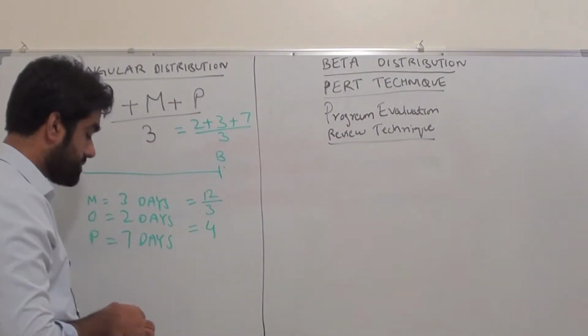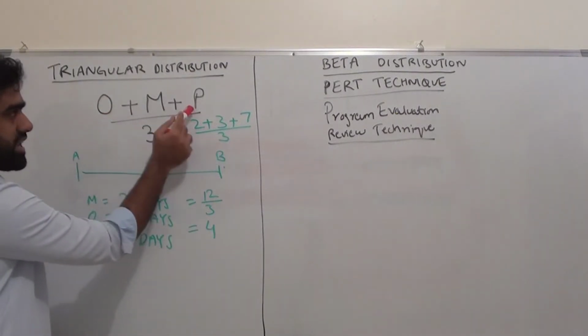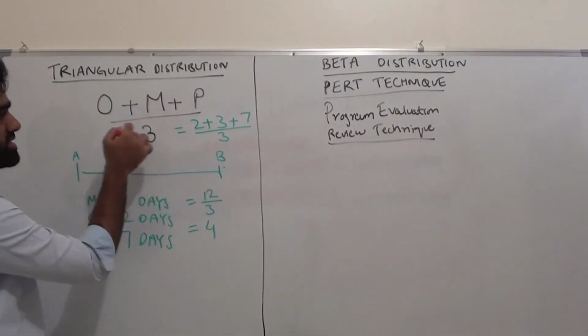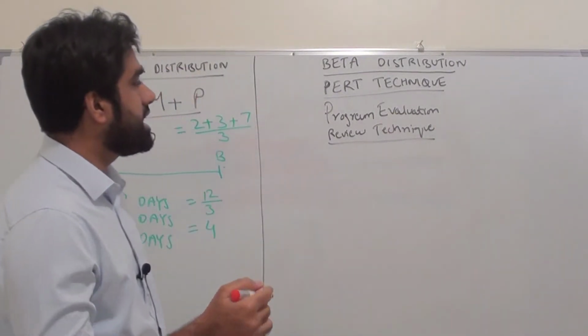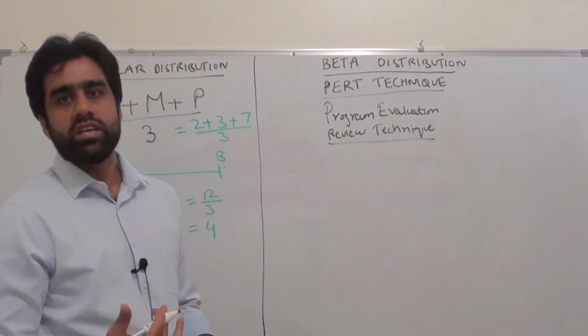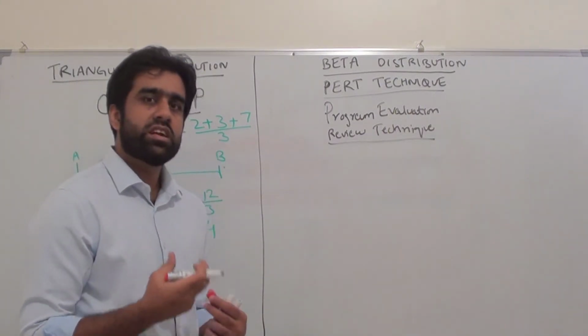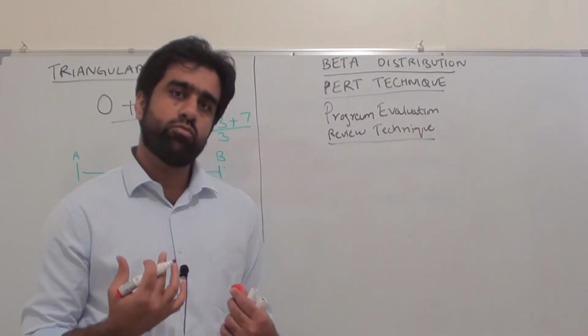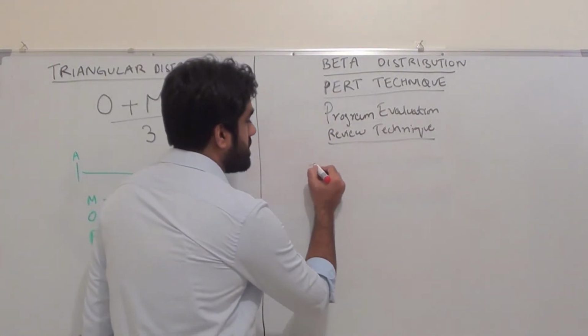And what is this formula? In the previous formula, we were just adding these three parameters and dividing by 3. But in this technique, also called PERT technique, we are giving more weightage to our most likely, because we are emphasizing that most likely is the one that should have more weightage when we are calculating the duration.